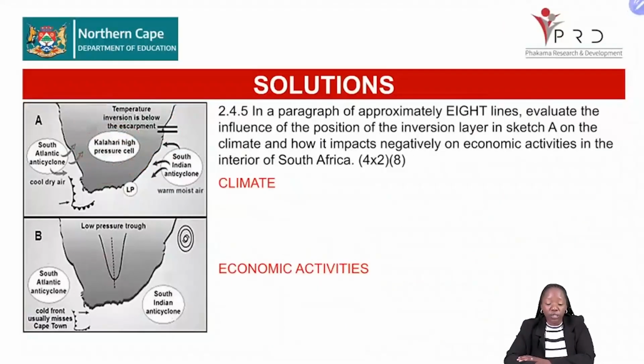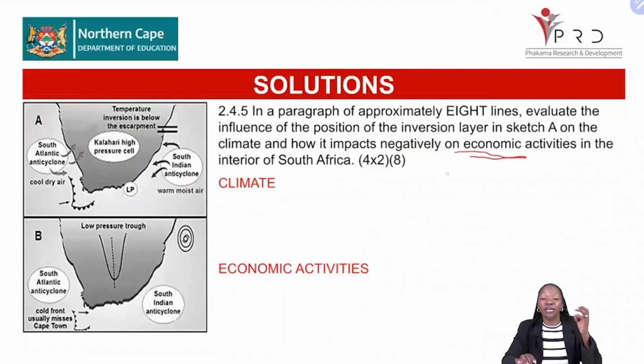In our next question, you were given a paragraph question. In that paragraph question, you're supposed to evaluate the influence of the position of the inversion layer in sketch A on the climate and how it impacts negatively on the economic activities.